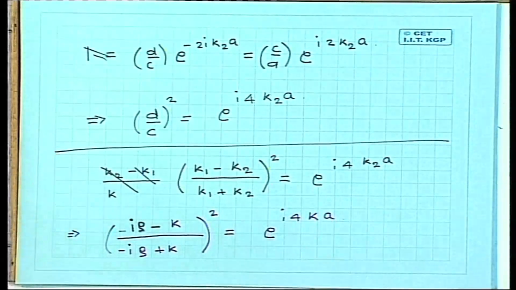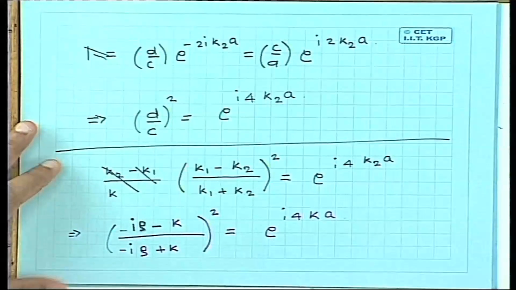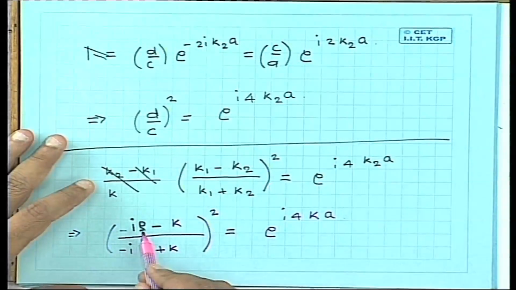K is now k2, k1 is minus I rho. So this is the relation between rho and k.